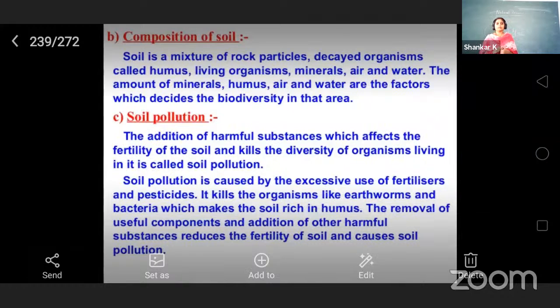They will also die, killed by these harmful substances. The removal of useful components and addition of harmful substances reduces the fertility of soil and causes soil pollution. These are some causes of soil pollution.